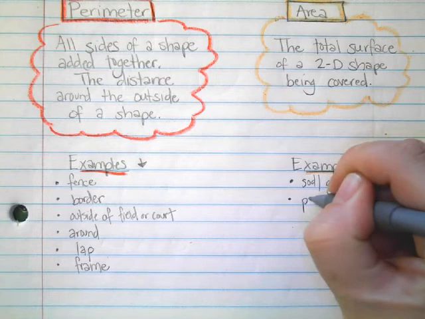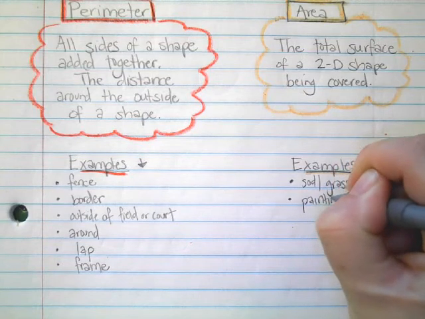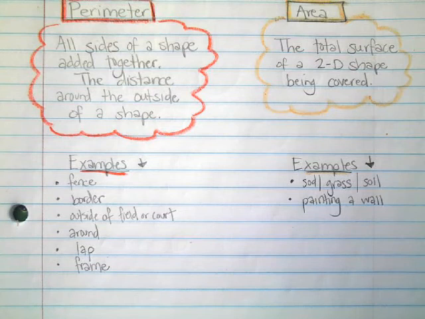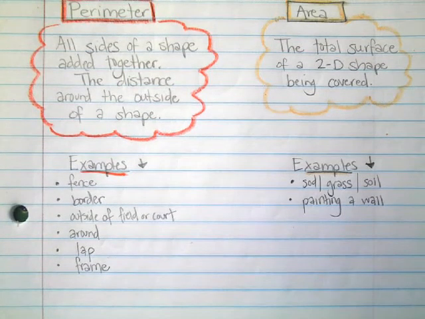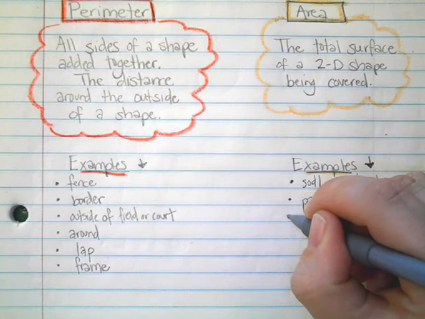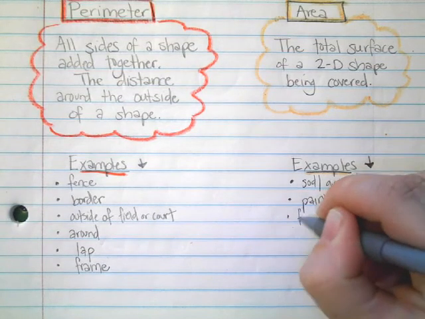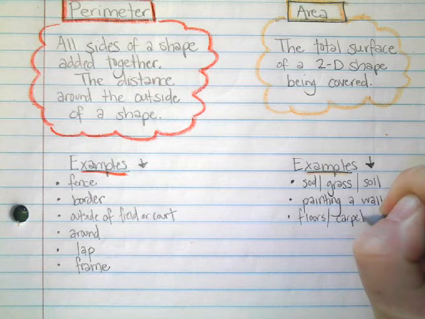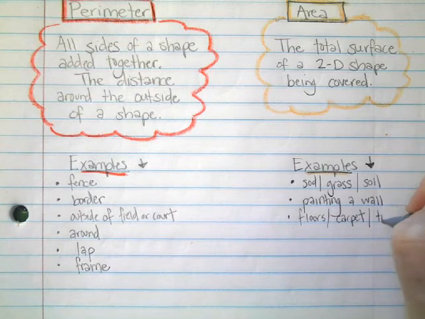Maybe you are painting a wall. You have to cover that whole surface of the wall, right? So painting a wall would be a good one. Tiling the floor or laying down wooden floors or carpet. So I would say floors, carpet, or tile.